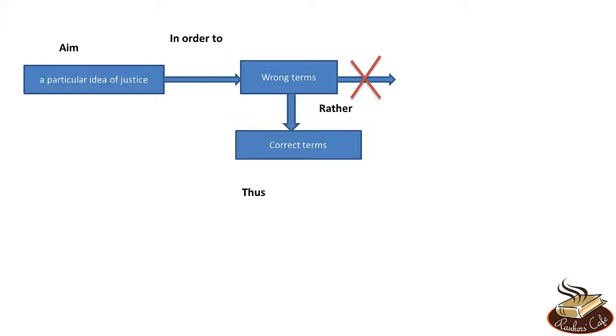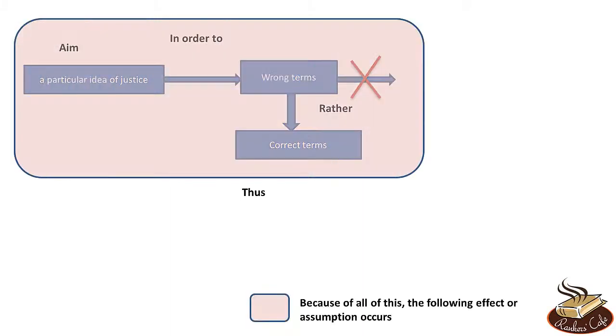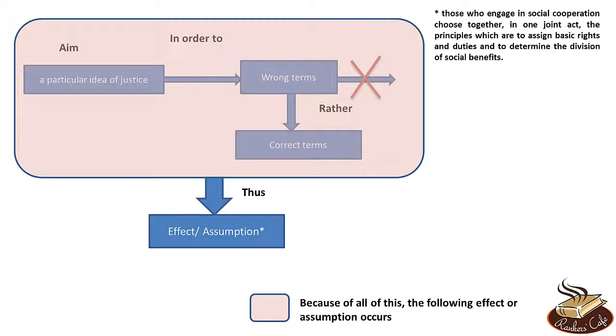That is, he wants to show the relation between what has happened and what is to follow, the cause and effect relation here. So he says, given all of the above, or because of all of the above, which is a summary of his argument, we should imagine those who engage in social cooperation choose together in one joint act the principles which are to assign basic rights and duties and to determine the division of social benefits.